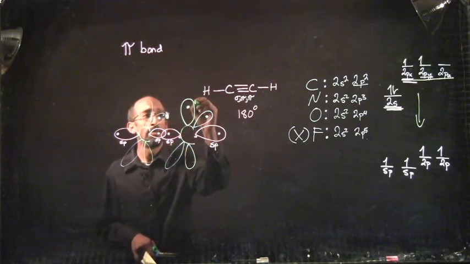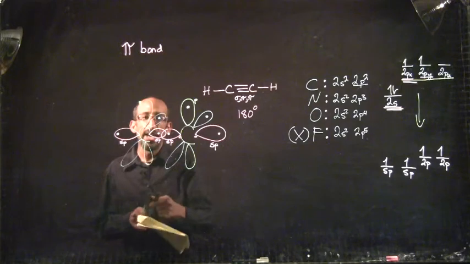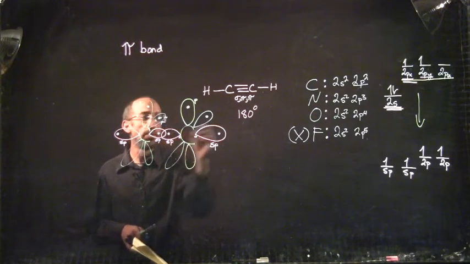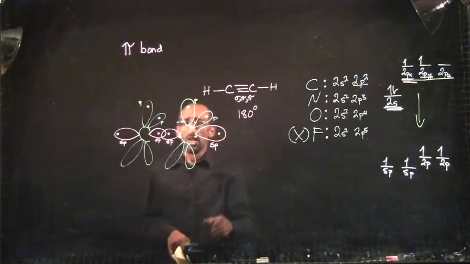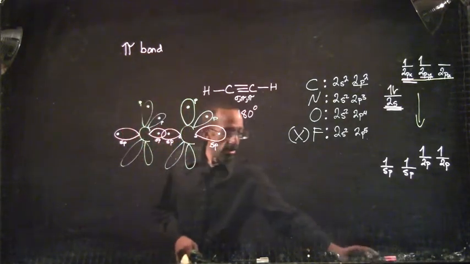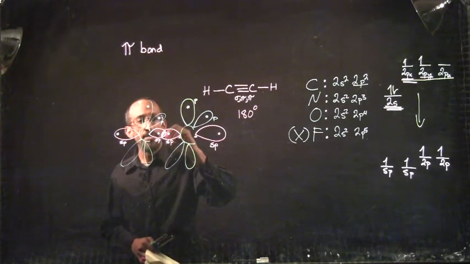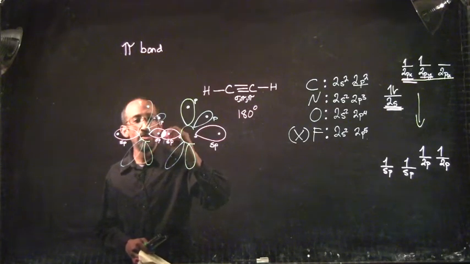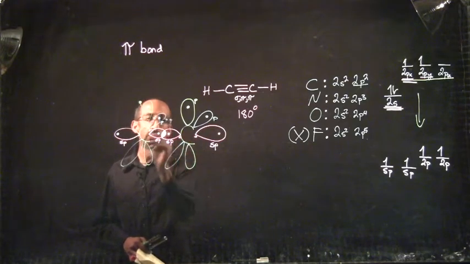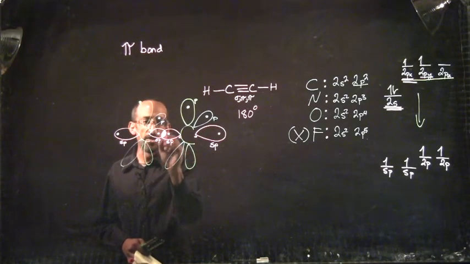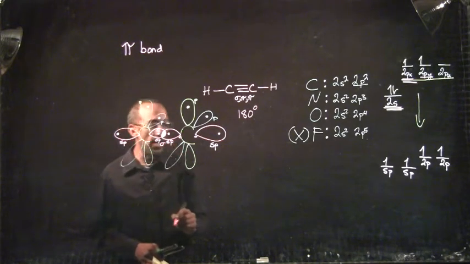So now let's take a look at the bonds that we've made. Again, just for a reminder, we have a p orbital here, and a p orbital here, and a p orbital there. So now if we look first at our hybrid orbital bonding scenario, we see that we have overlap between the carbons. It lies along the line connecting those two atoms. So we have a 180-degree bond, so we have here now our first sigma bond.